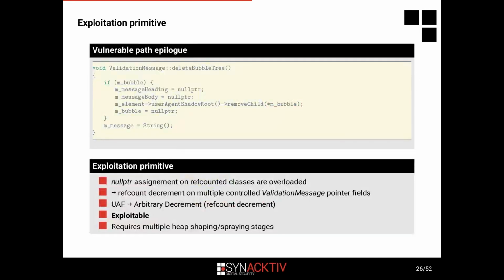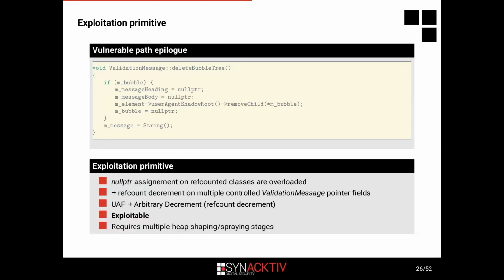Now, if we survive that crash, we end up calling this function deleteBubbleTree after some timer expiration, and this function will set to null pointer most of the validation message fields. And the null pointer assignment on refcounted classes is overloaded and results in a ref count decrement.